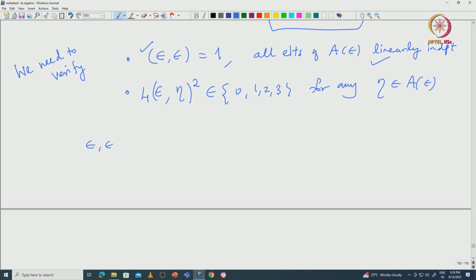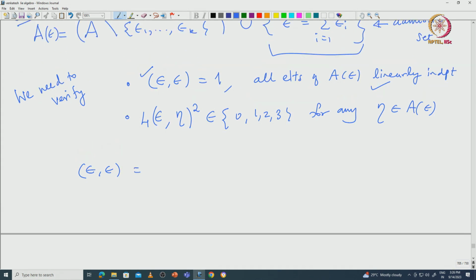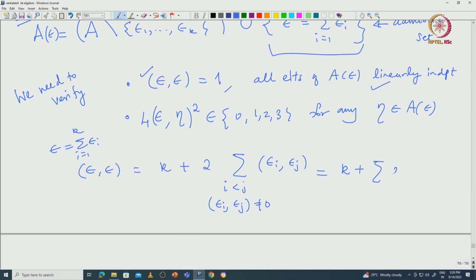So, let us compute the inner product of epsilon with epsilon and see what we get. From the definition, epsilon is the summation of epsilon i ranging from 1 to k. So (epsilon, epsilon) will be exactly equal to k plus twice the summation of (epsilon i, epsilon j), where i less than j, over the pairs i, j such that the inner product is non-zero, which is exactly equal to k plus the summation of twice (epsilon i, epsilon i+1), i ranging from 1 to k minus 1.